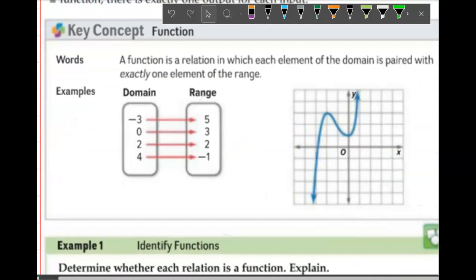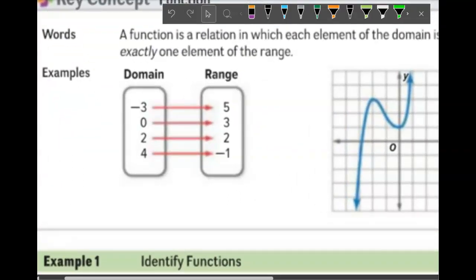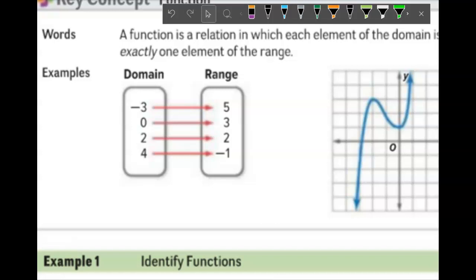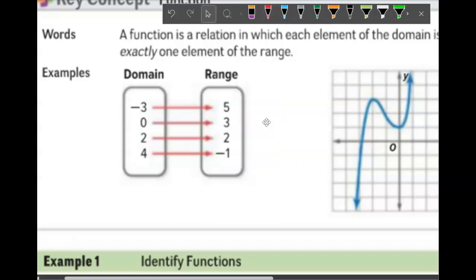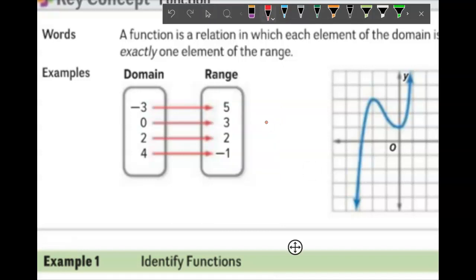So right here, looking at this first mapping, none of them share X's. Every single X goes to a different range. Every single range has a different X. Let me show you what I could do with my arrows to break it. Right now it's a function. But if I do this, now I have a repeated X. When I push -3, I don't know if I'm going to go to 5 or if I'm going to go to 2.